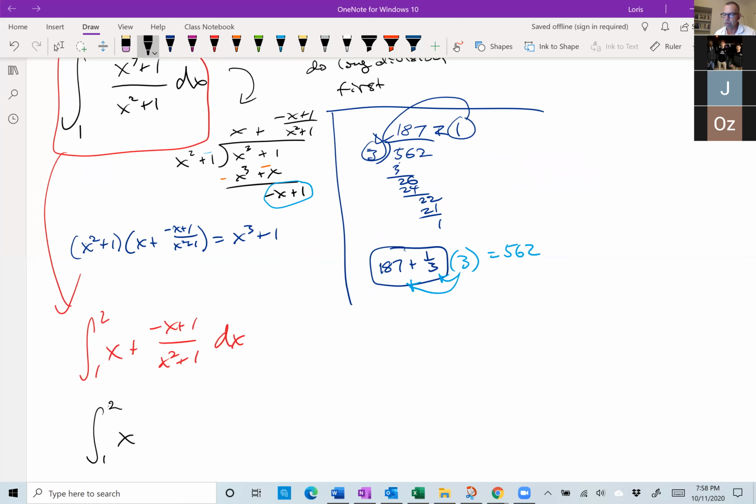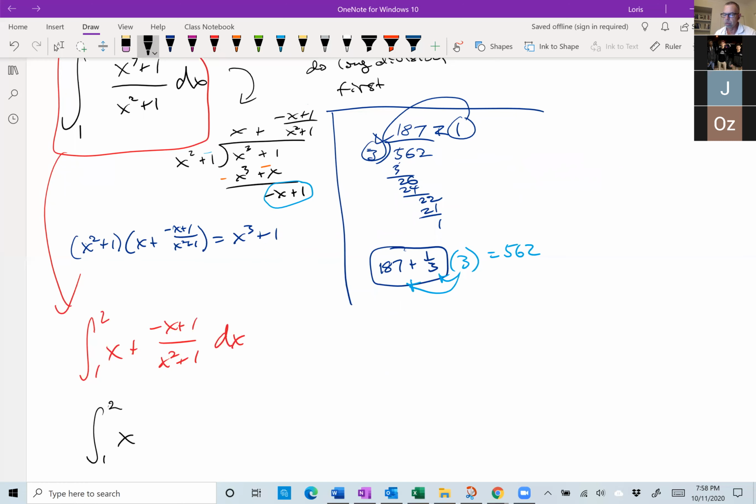So it's the x, and then minus integral 1 to 2 of x over x squared plus 1 dx, plus integral 1 to 2 of 1 over x squared plus 1 dx, like that. That's how you finish it out. First one is power rule, easy. Second one, u substitution works with natural log eventually.